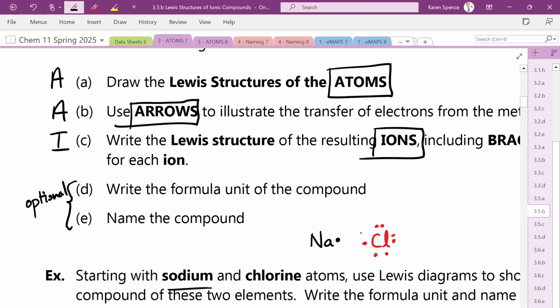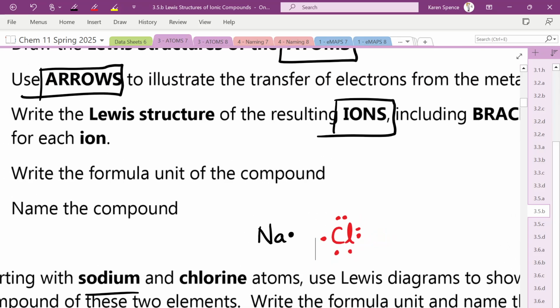And you'll notice that chlorine has a little hole here, right? So in order to show, I'm going to get rid of the little hole because it just complicates things. So I have drawn the atoms. That's our first A.